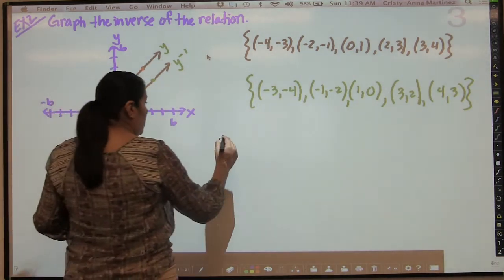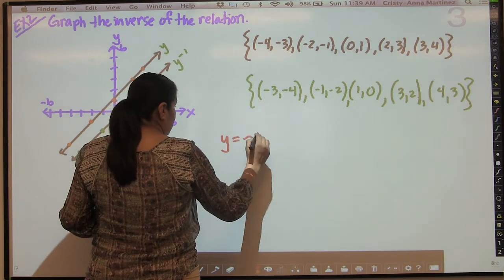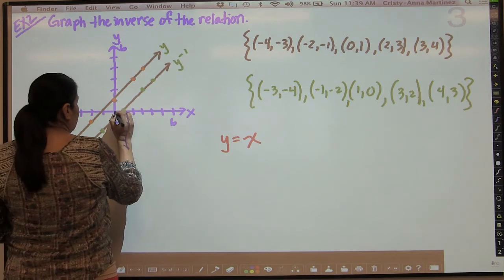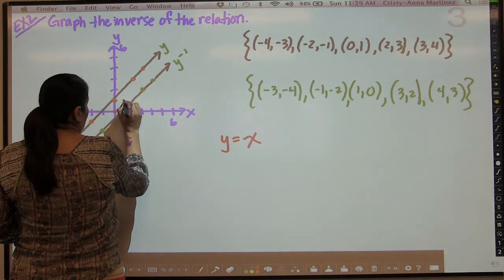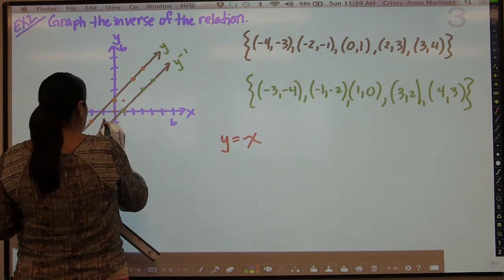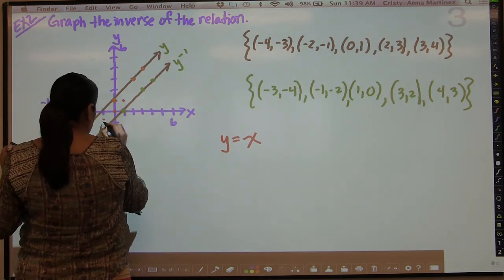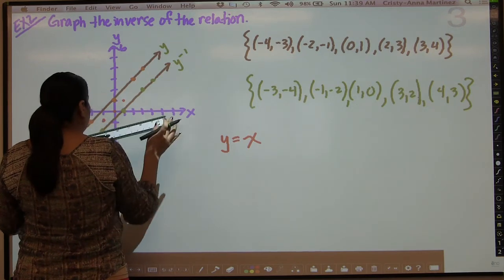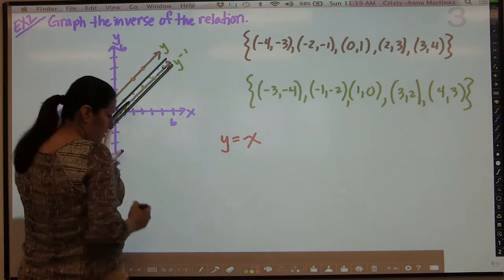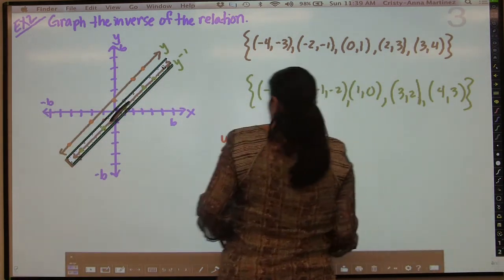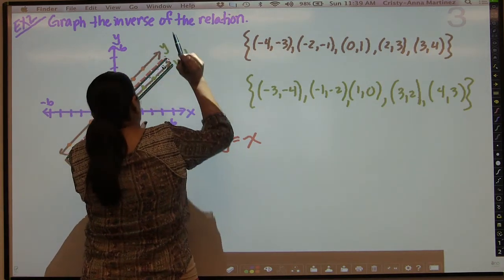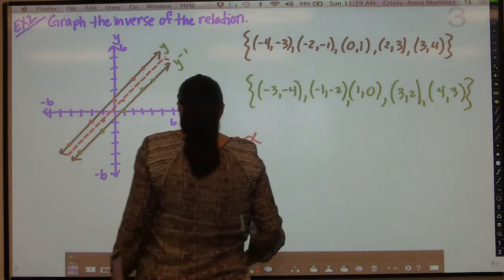So if you remember, y equals x is the identity function for functions, and so if you graph y equals x, it means you're going to graph (0, 0), (1, 1), (-1, -1). What I'm graphing right now is actually y equals x.